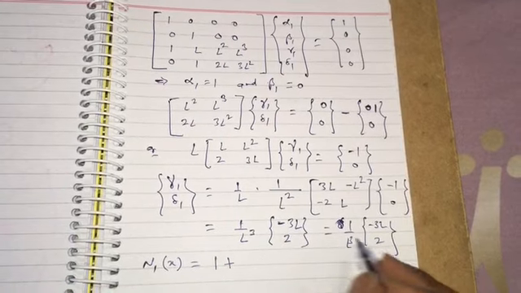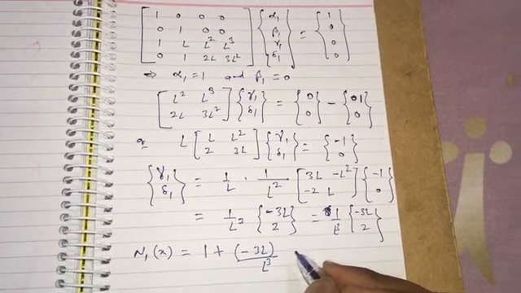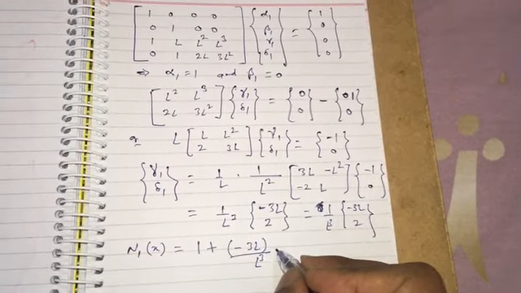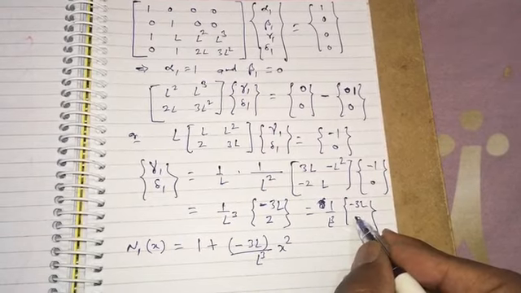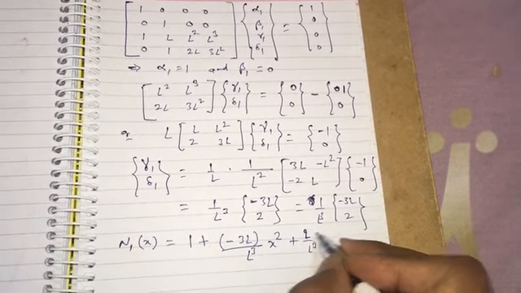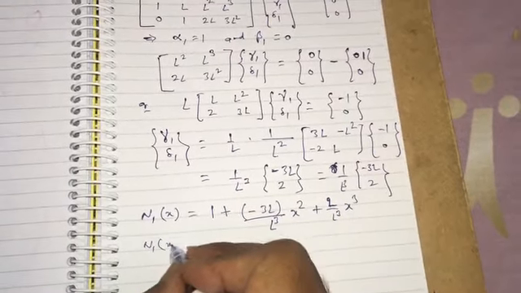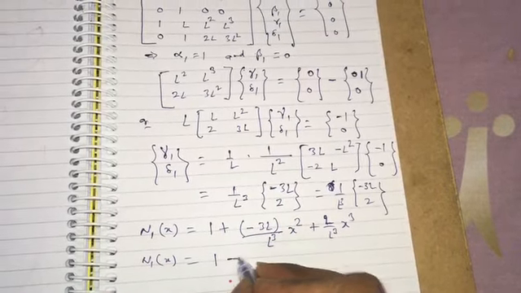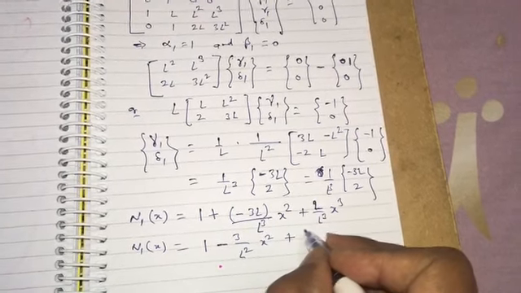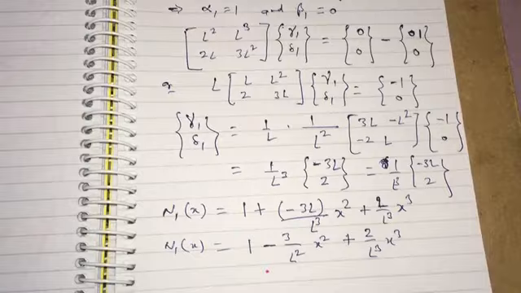Then we have gamma 1, which is minus 3L over L³, times x², and then plus 1 over L³ times 2, the delta 1, times x³. So N1(x) equals 1 minus 3 over L² times x² plus 2 over L³ times x³.